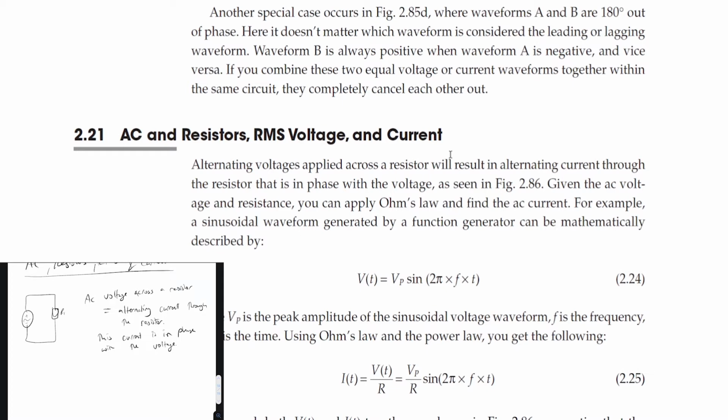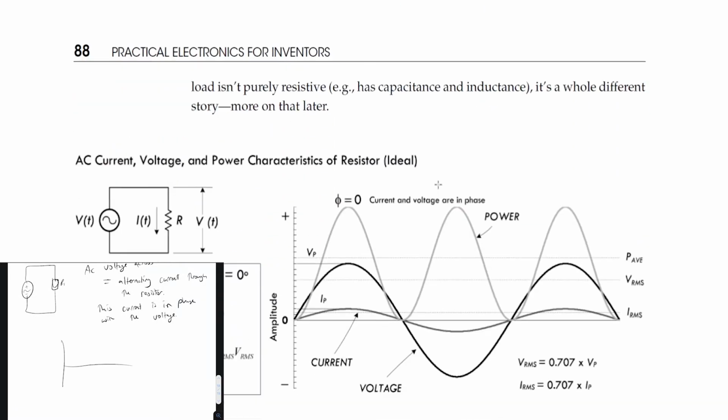If two waveforms are in phase, you can have a current waveform and a voltage waveform. Let's say that this is the voltage waveform, then this could be the current, for example.